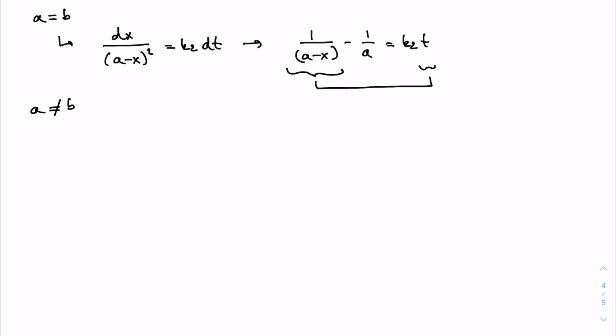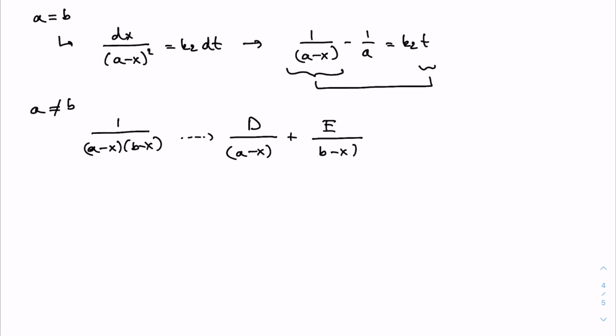So if we now go back to the more general case, so A is not B, then we go back to the original, right? So A minus x, B minus x. And this can be generally represented as D over A minus x plus E over B minus x. Okay, so now we have to figure out what these constants D and E are.